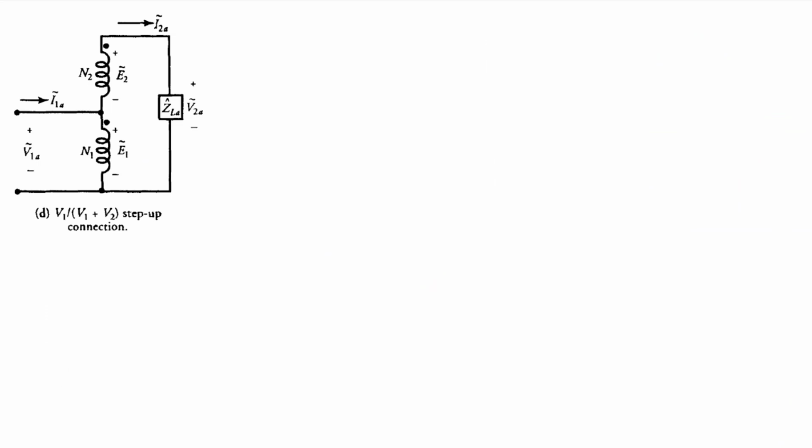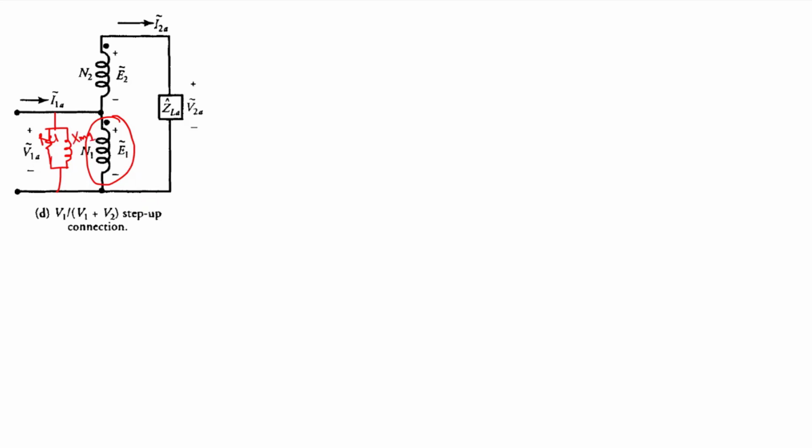Now we'll see the fourth configuration. Your fourth configuration is V1 by V1 plus V2 step up connection. Here in this case your common winding is N1. So therefore I can draw here the core loss resistance and the magnetizing reactance, that is RC1 and XM1.